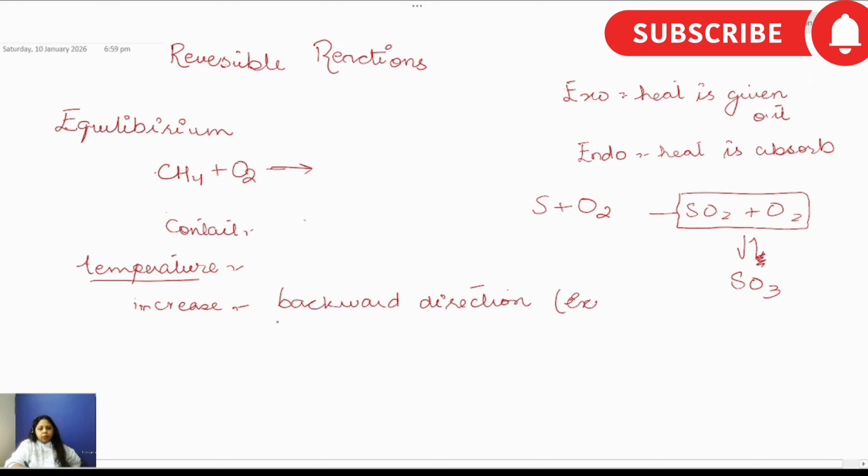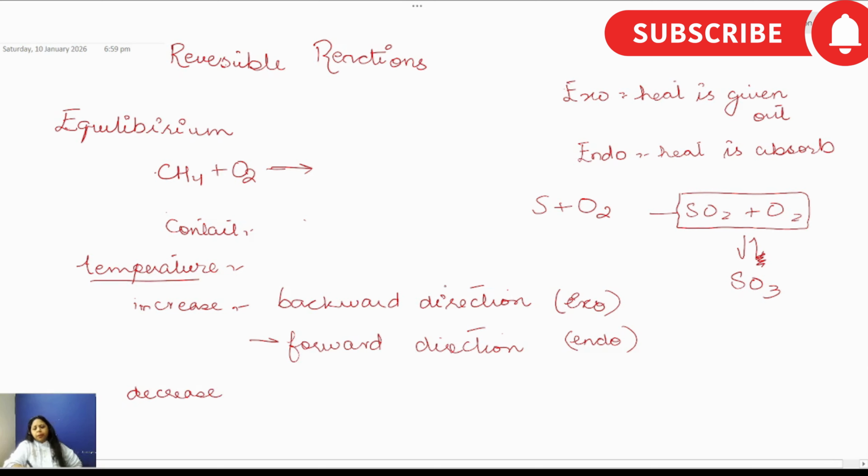What about an increase in temperature for endothermic reactions? Forward direction. So these are the basic things that we should know. What happens when we increase the temperature? What happens when we decrease the temperature?